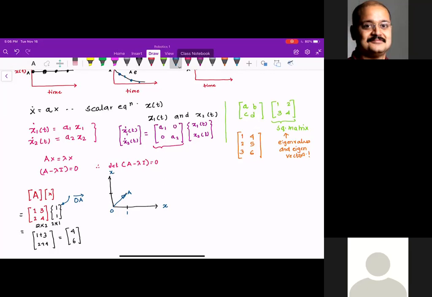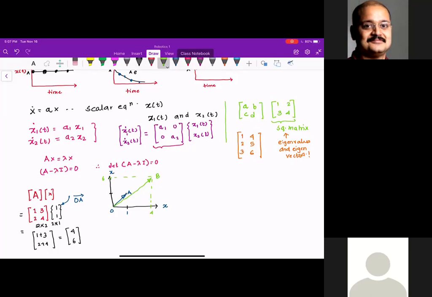Yes. Now, when I performed the multiplication, what happened? The multiplication actually gave me 4, 6. So I went to 4 and I went to 6. Basically, this became OB. Do you agree with me? So what happened? The matrix multiplication stretched and rotated the vector.